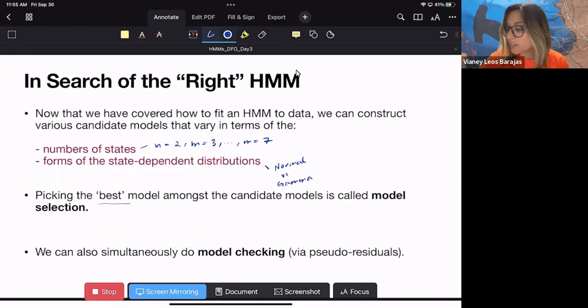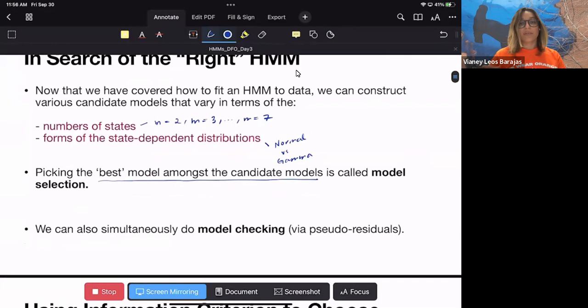I want to emphasize that we are constructing candidate models and then selecting amongst them. There are no guarantees that the true model is among the models we've constructed, but all we want to do here is choose one of them. Of course, aside from just comparing models to each other, we can also do model checking via pseudo-residuals.